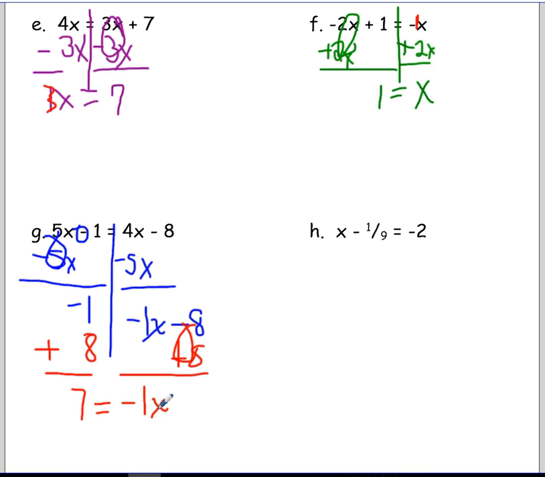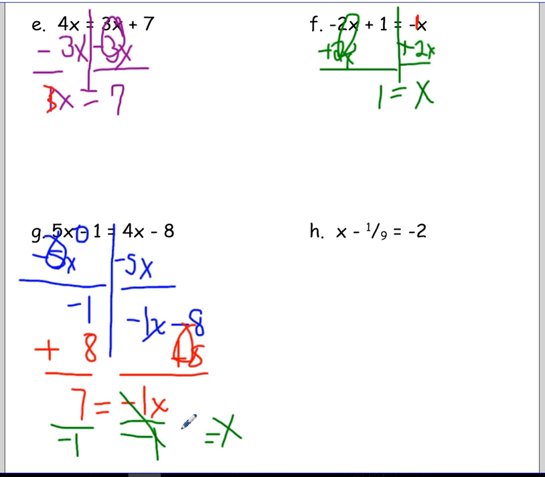Just like doing the opposite for adding and subtracting, we get rid of multiplication with division. So we would divide the negative 1 off of both sides, which just changes the signs of both. Negative 1 divided by negative 1 is a positive 1. So we get a positive x on that side.